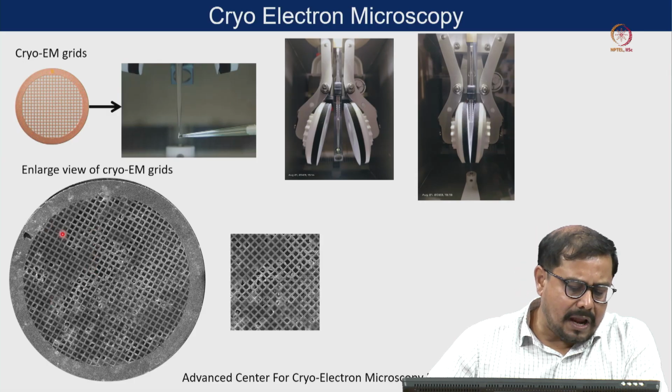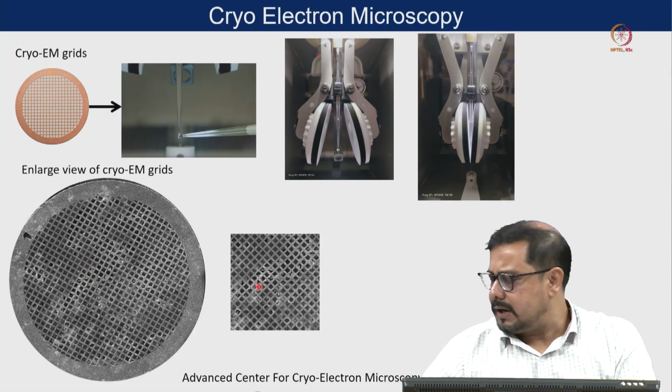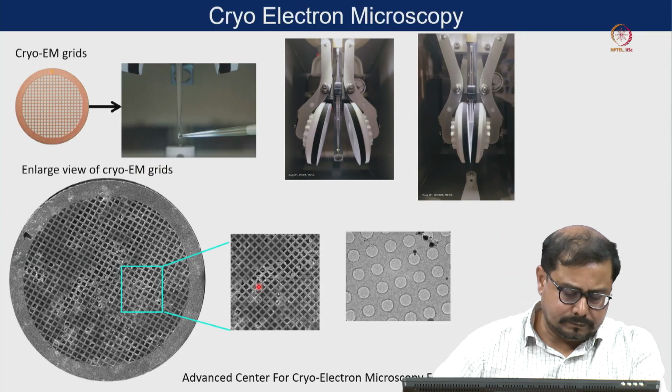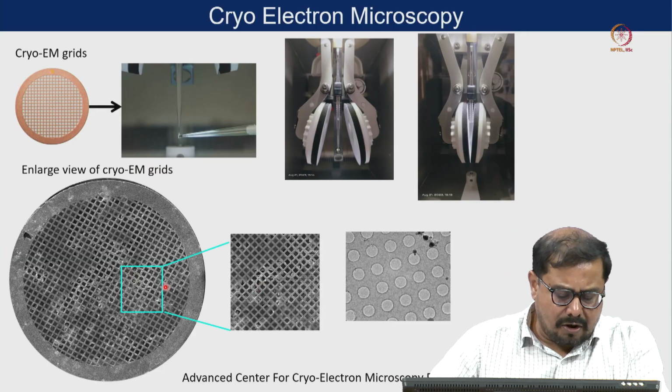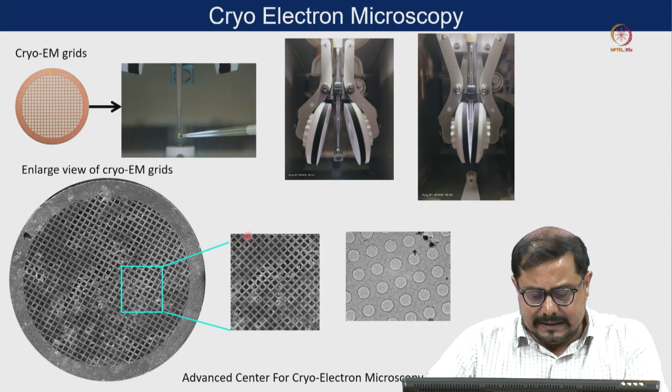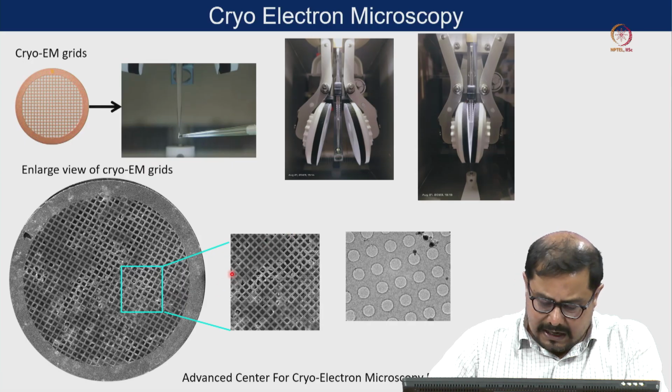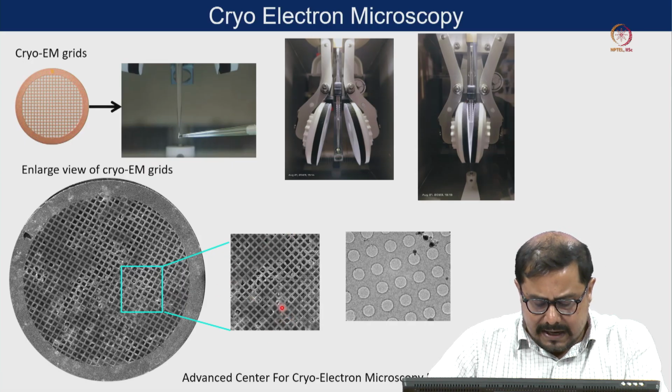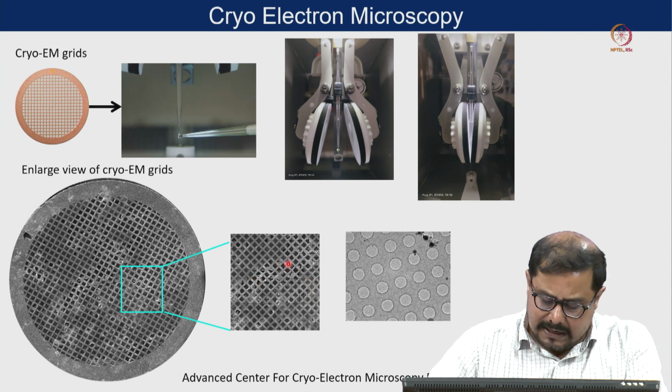Now if you look at one particular square of this grid, you can see the enlarged view here. There is some intact carbon layer, and some broken areas here.